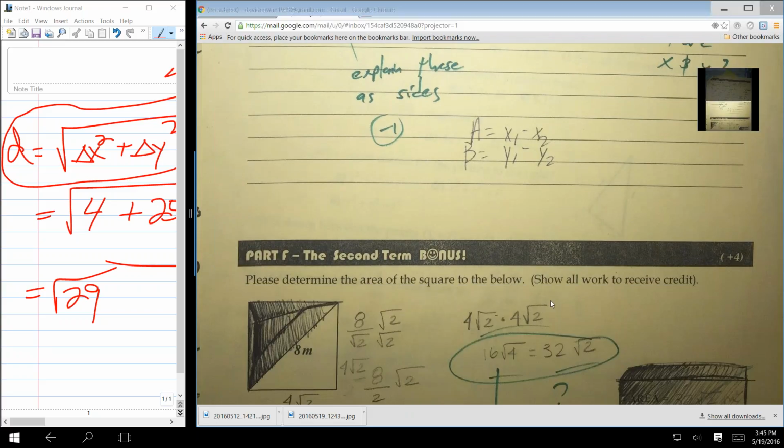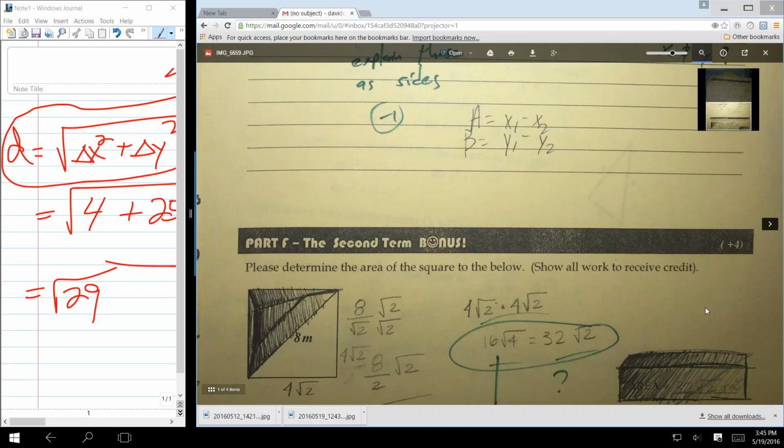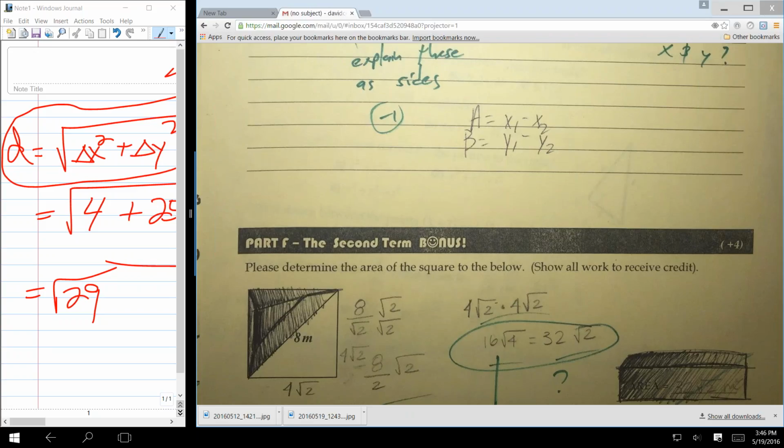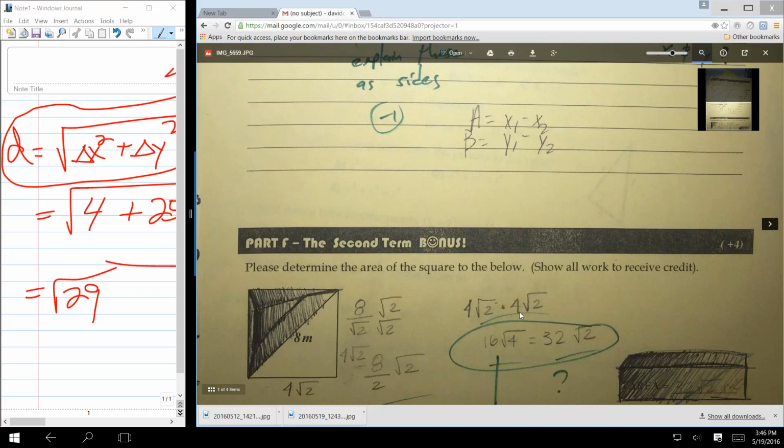All right, let's look at the second one. Determine the area. What's the area of the triangle?